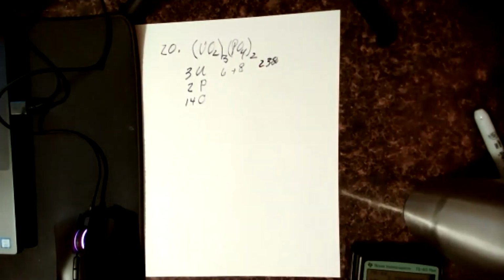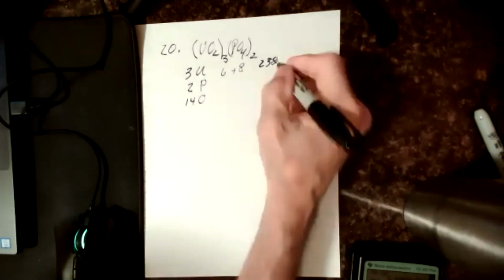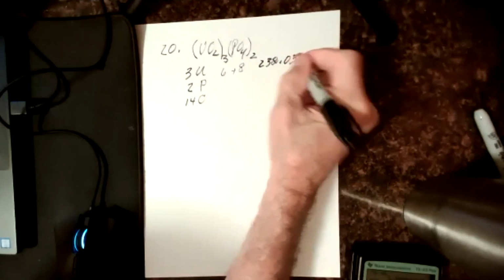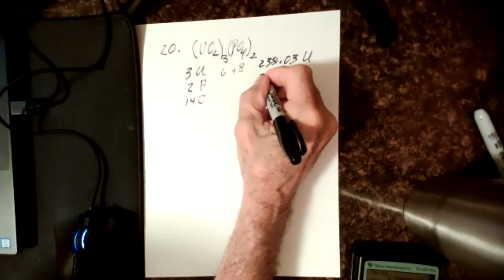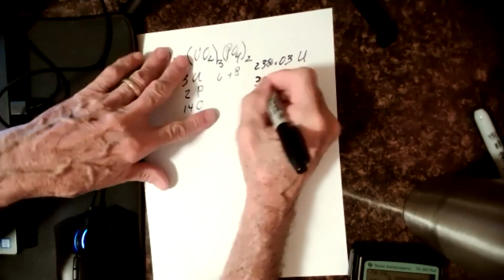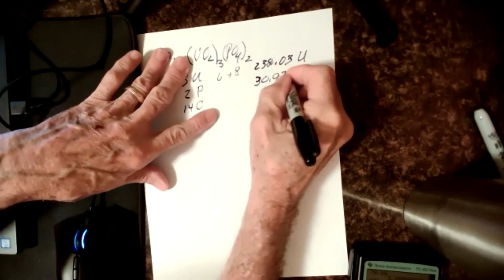And I looked that up somewhere. 238.03, I'm pretty sure. But we would make sure. Yeah, 238.03. That's uranium. Phosphorus is 30.97, I think.